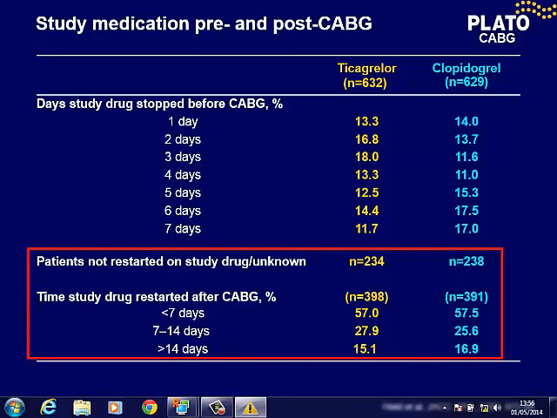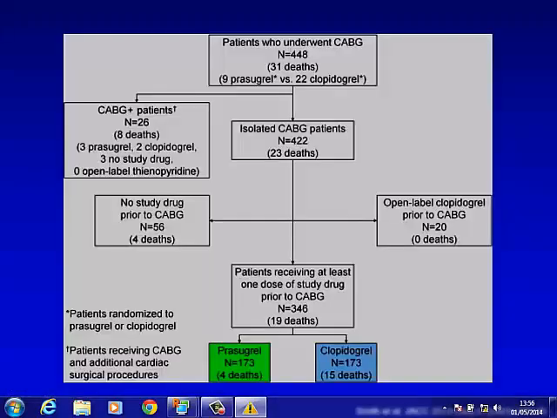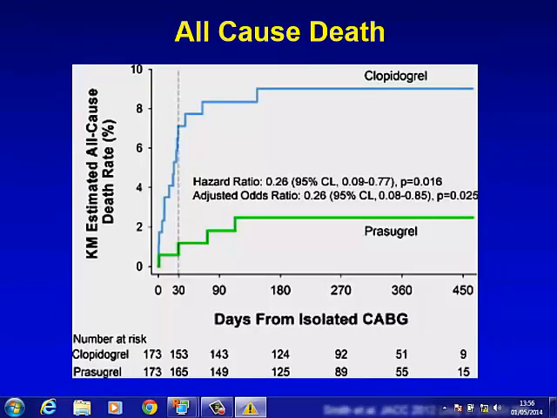But at least the fact is that both with ticagrelor as well as with Efient, prasugrel, among the TIMI-38 patients who continued on prasugrel as compared to clopidogrel had a huge mortality benefit of more than 50%.